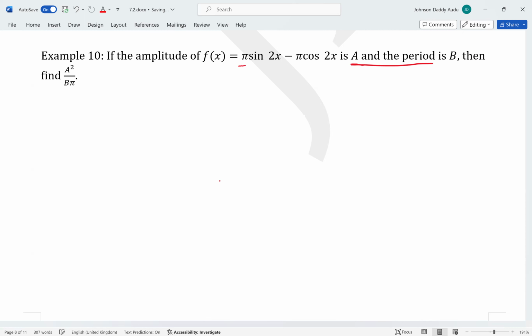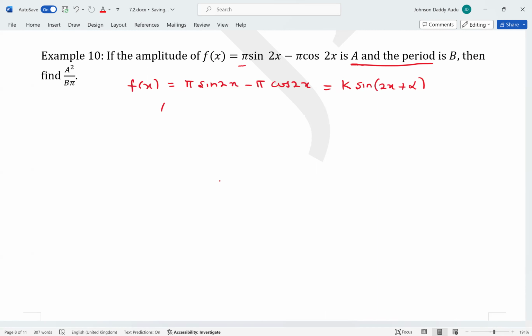If the amplitude of this function is A and the period is B, first of all, let's write this function here: pi sine 2x minus cosine 2x. This should become K sine of 2x plus alpha.